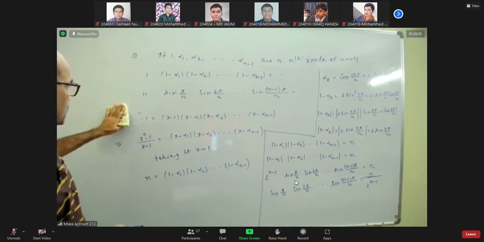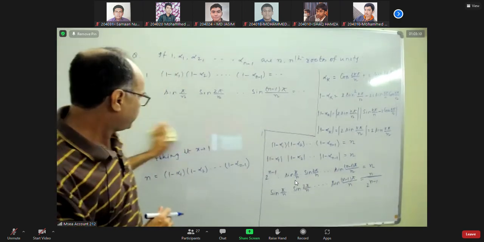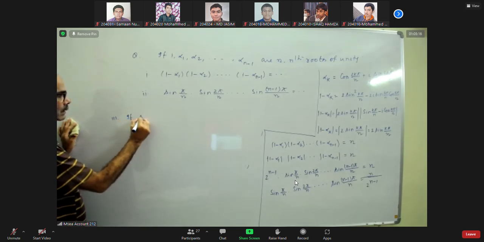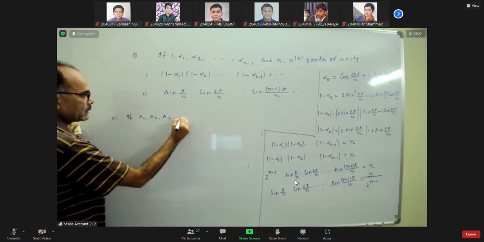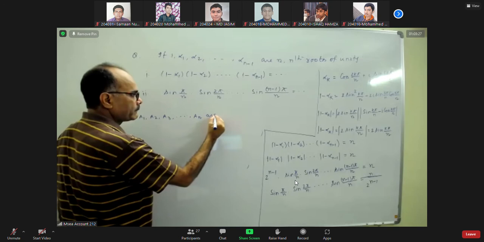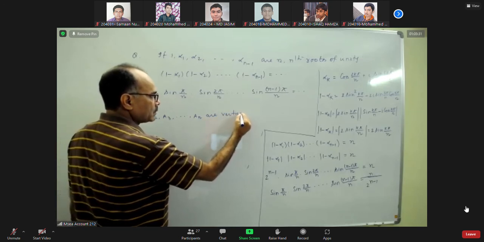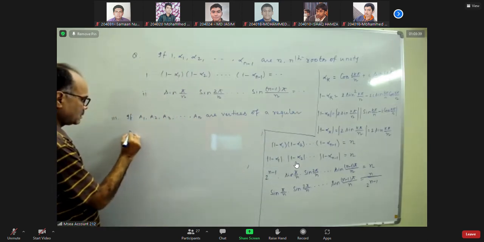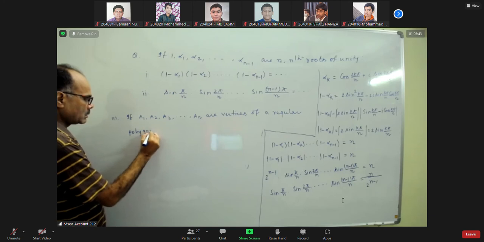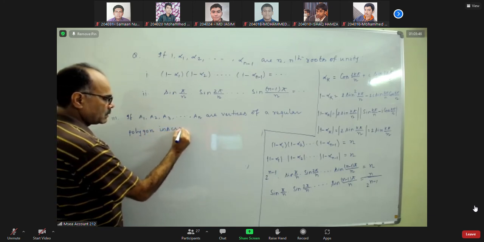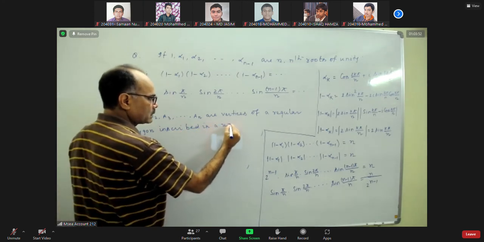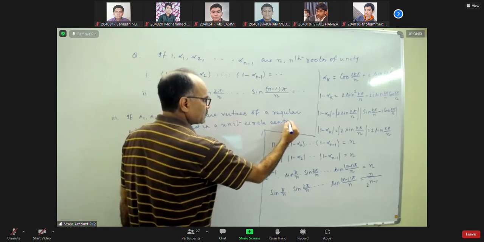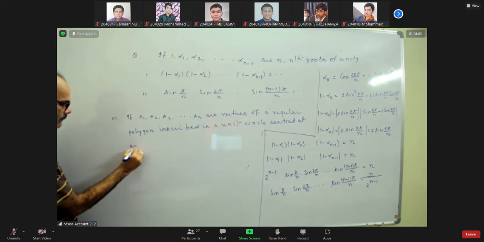They can give: if A1, A2, A3 to AN are vertices of a regular polygon described in a unit circle centered at origin.